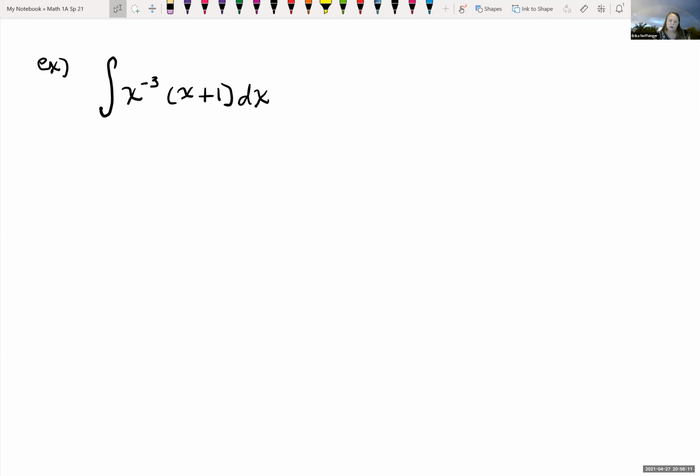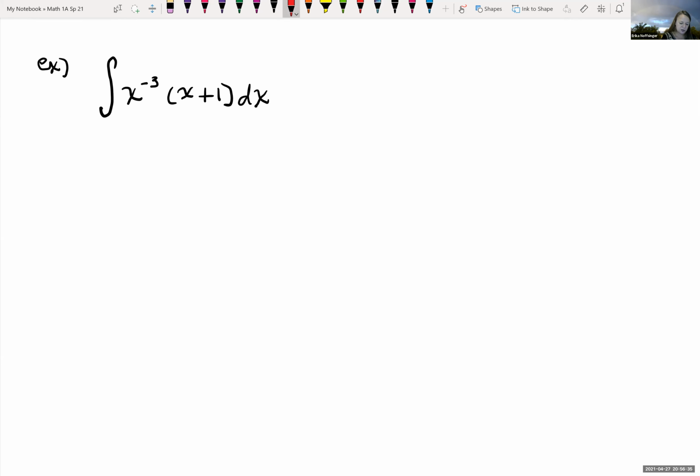Just like when we were starting to find derivatives, a lot of times it wasn't in a form where we could take the derivative right away. We didn't know the quotient or product rule, so we often expanded it. Same idea with antiderivatives: sometimes we have to rewrite it to find the antiderivative.